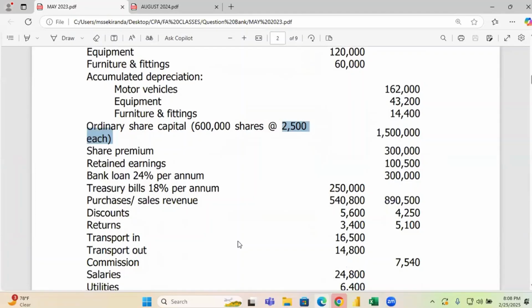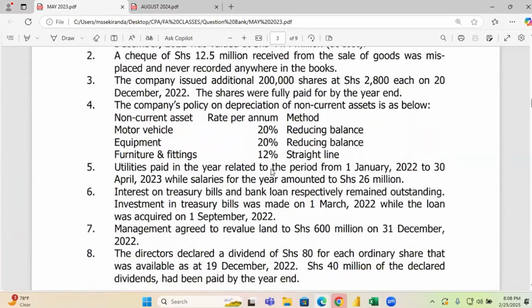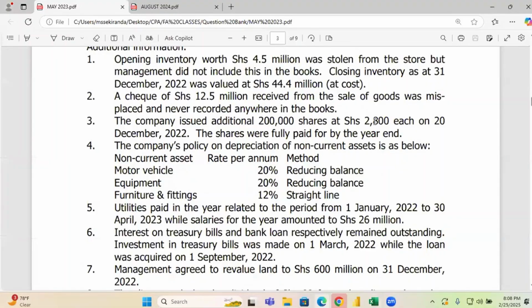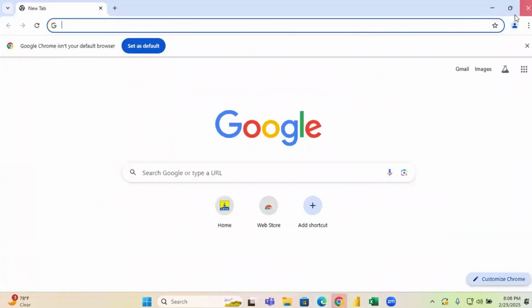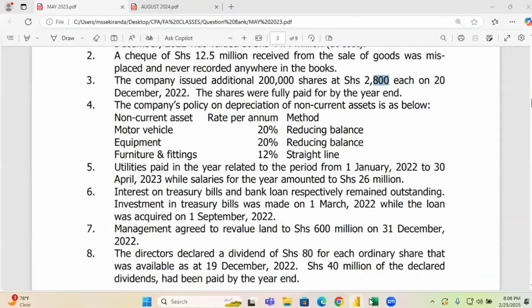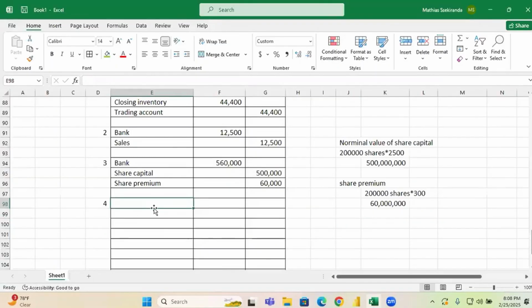And then the excess of that compared to the market value, the excess 300, is what we call the share premium. Any questions? We have computed that in the previous number. Any questions?